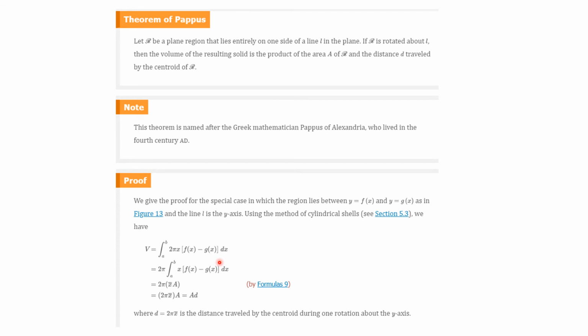Now, in our case, this is 2 pi, but this is just x bar times the area A. And when we simplify that, that is going to be A times the distance that the centroid travels as it is rotated around L. And so you see, we've proven this theorem.